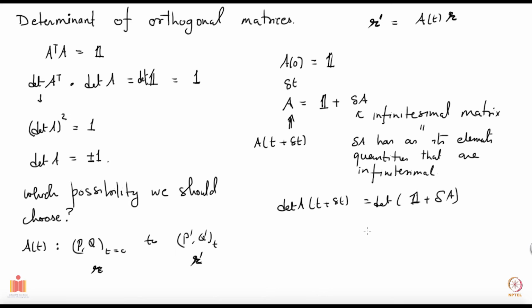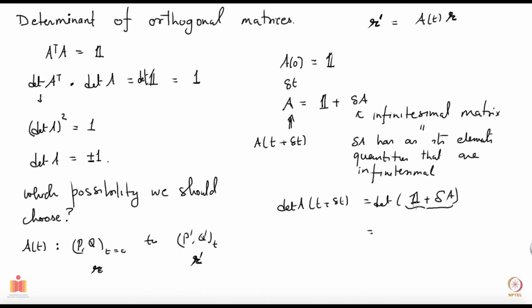Now let's look at the right hand side. If that delta A is not there, the determinant of the identity matrix is 1. Because I have identity plus an infinitesimal matrix, the determinant of this entire thing should be 1 plus a small quantity, right? 1 plus something infinitesimal. If delta A is not there, then the determinant is 1.